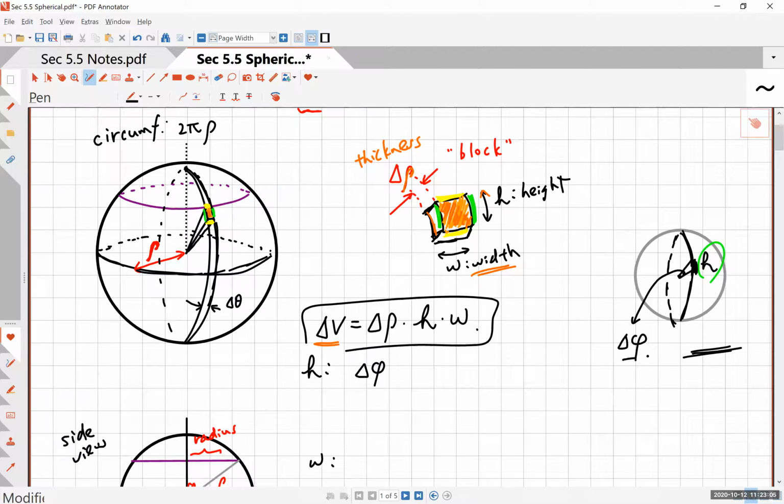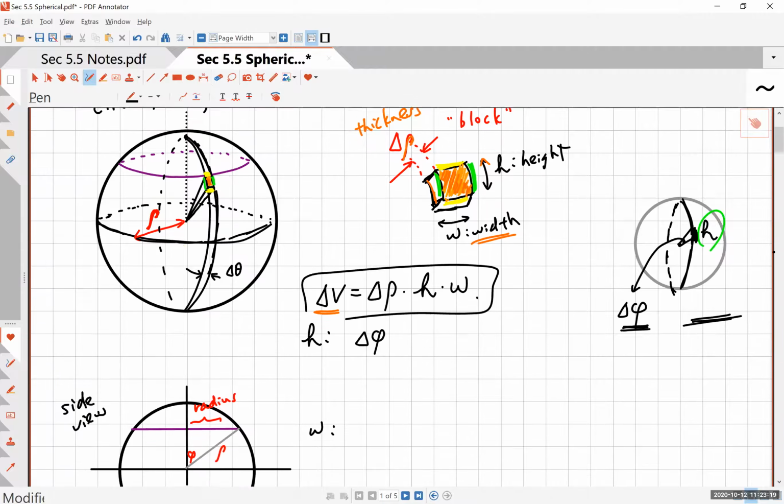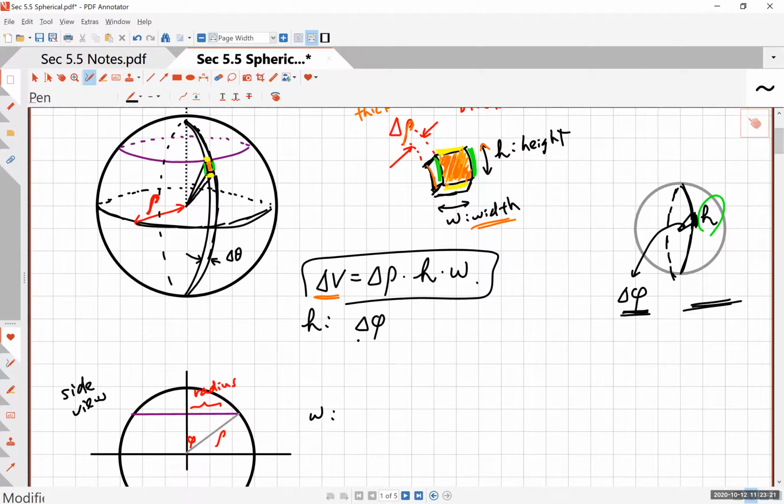Now, if delta phi happens to be 1 degree, then we're talking about 1 out of 360th of the circumference, right? If this happens to be 2 degrees, then that's 2 degrees divided by 360, and then you multiply that by the circumference. So it's delta phi divided by 2 pi, which is equivalent to 360 degrees.